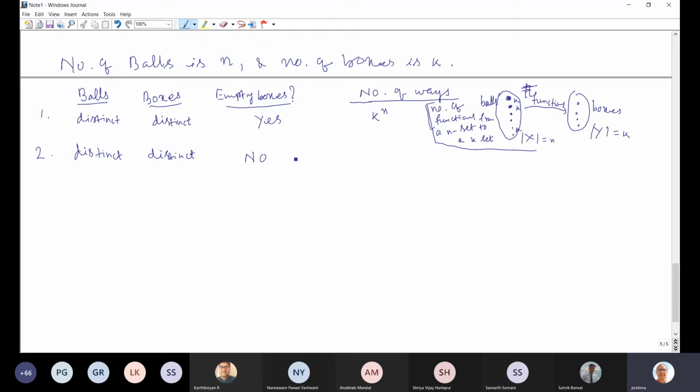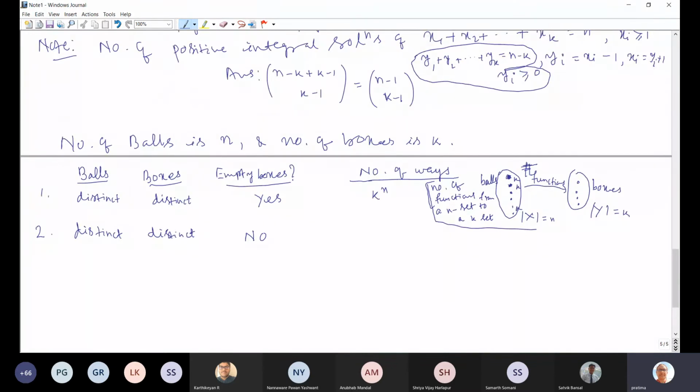Another thing you note down, that I wanted to tell you. What is this Stirling number of the second kind? That remark I wanted to tell you about S(n,k), the Stirling number of the second kind.